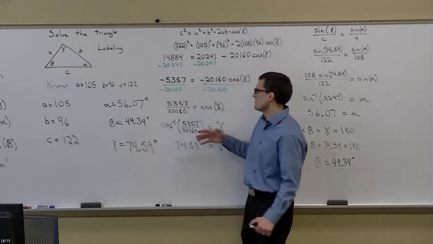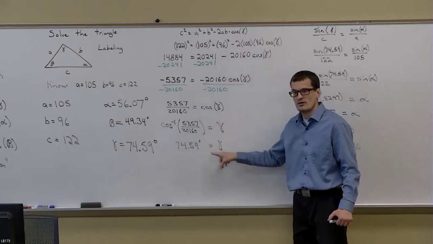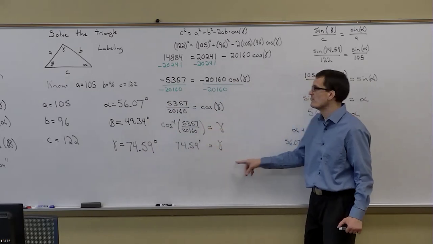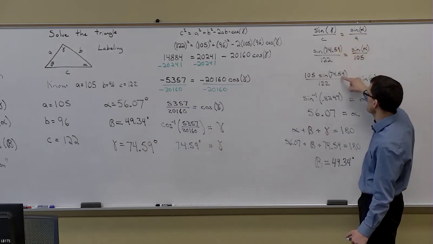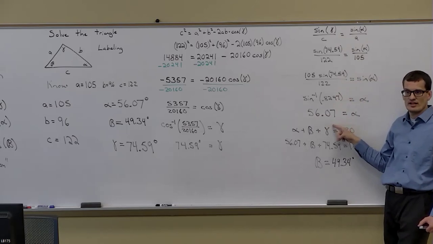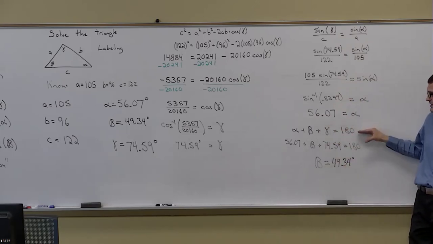So there's a couple of times in here, I rounded this number when I did my inverse cosine. And then I used that rounded number in here, and then rounded this number when I did my inverse sine. And then I used the fact that the three angles add up to 180.